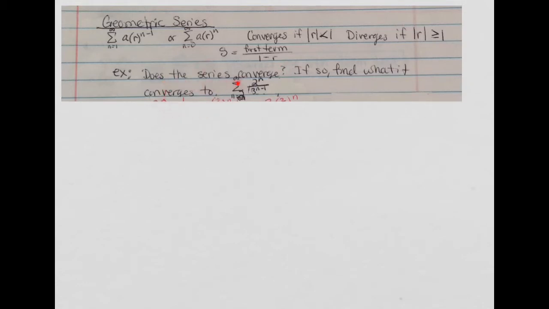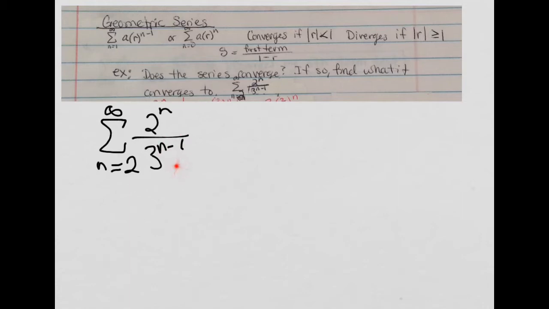So we want to say whether this series converges, and if it does, find what it converges to. That's a little messy, maybe I'll draw it out here. We have a little hint that this is probably going to end up being geometric because we've got these powers of n and n minus 1.